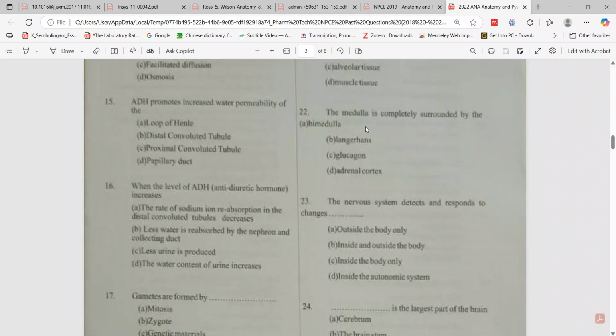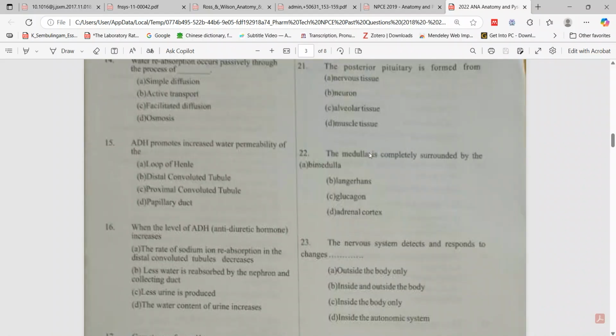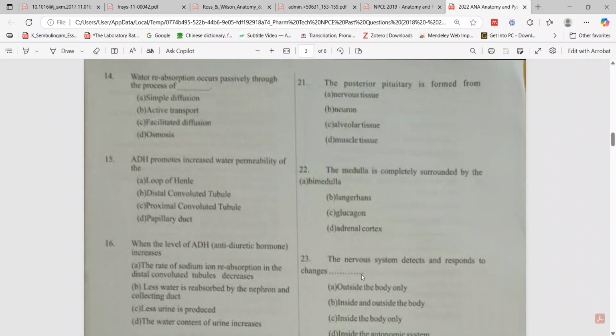Question 16. When the level of ADH, antidiuretic hormone, increases, what will happen? First off, let's start from here. Which gland produces ADH?